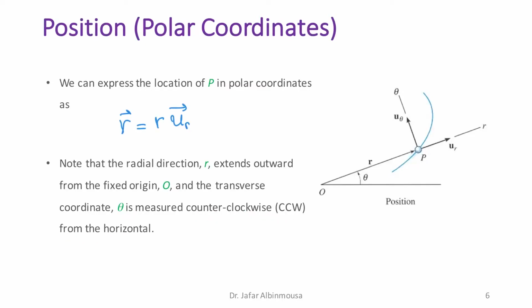So this is indeed the positive sign convention. As far as the radial direction is pointing in the direction of the particle, this is considered the positive direction, and counterclockwise is the positive transverse direction.